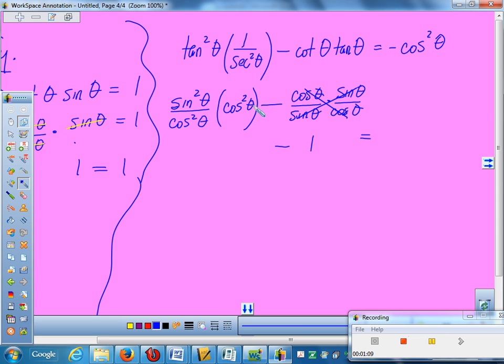Okay, yes. So now, what cancels? Cosine squared is gone. So I'm left with a sine squared of the angle minus 1, and it's supposed to be equaling negative cosine squared. Now, number 1, and number 2, this is a trick you need to notice. It's got a sine squared and it's got a 1.